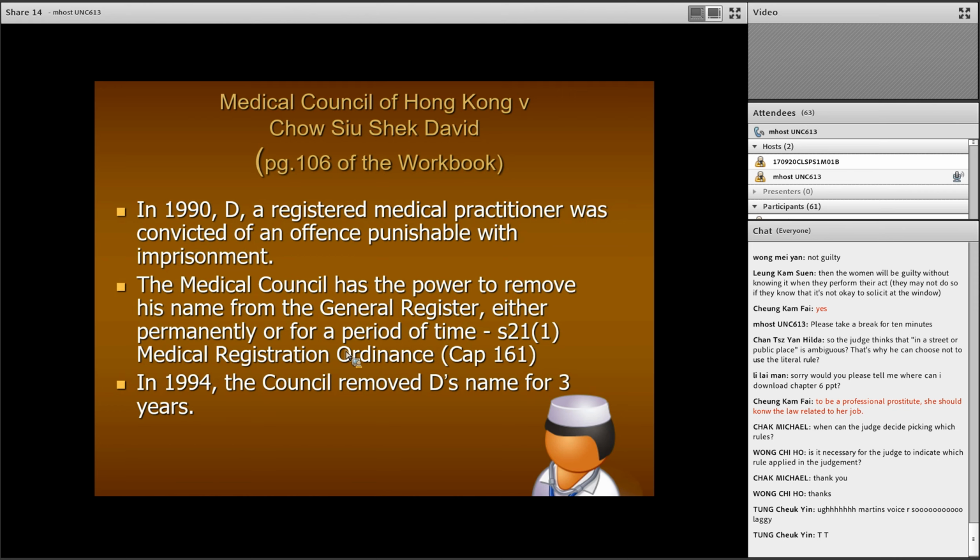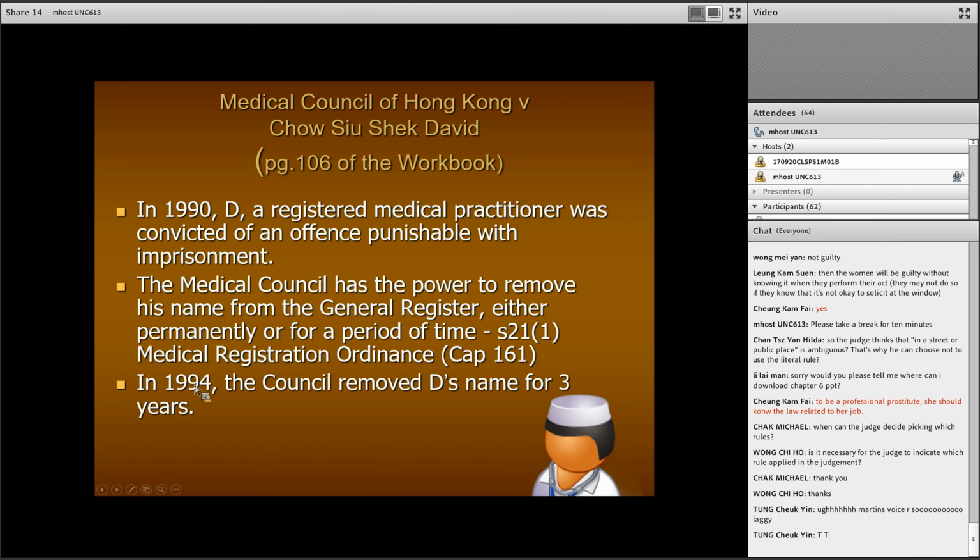The hearing will be after the court trial. If the doctor is found guilty, usually he will also be guilty of professional misconduct, so his name will be removed for a certain period of time.